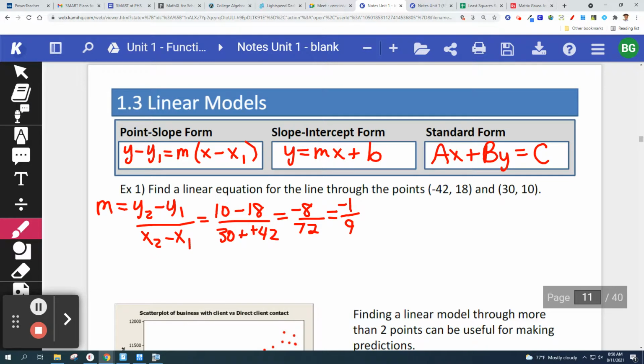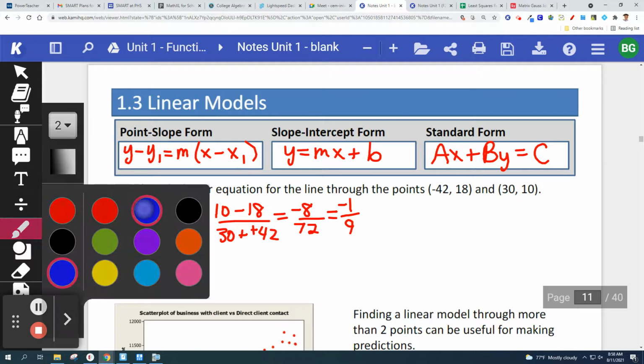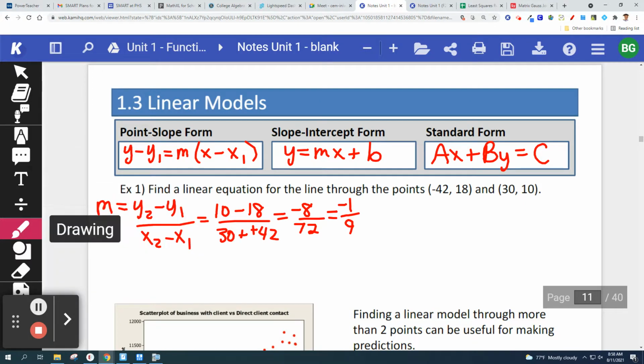Now we'd want to, well, we can find the y-intercept, I suppose. So it kind of depends. Some people prefer to do slope-intercept form. I think point-slope form is kind of easier. So what I would do is I would use point-slope form, and I want to pick a point. I'm going to pick this one because I think it's easier. That's my x and my y. And I'm going to put my x and my y into this equation.